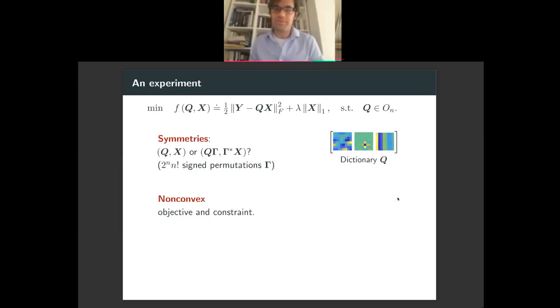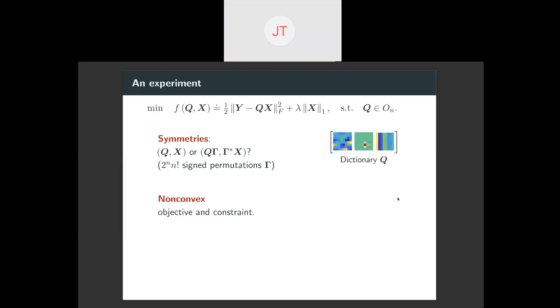Can I ask a question? Yeah, please. Okay, so here you have q square, right? Yes. So I'm just curious, if you were to relax this a bit, and instead of having q square, you have q rectangular, so it's not a full basis for Rn, do you run into more difficulty?